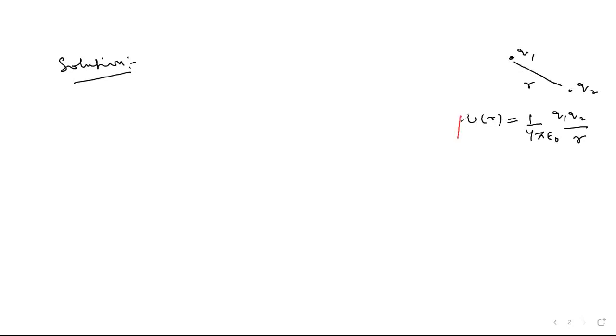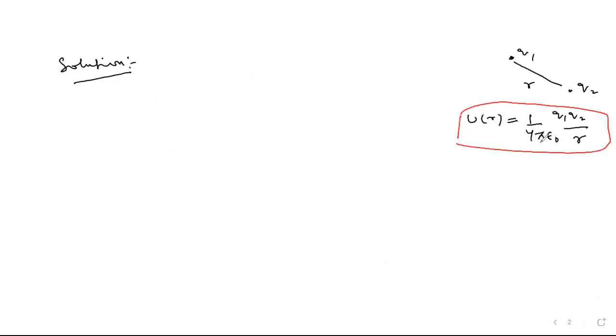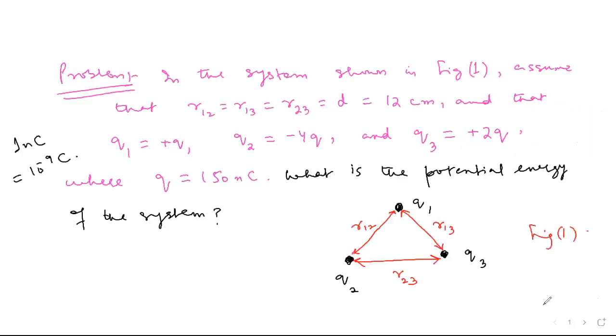Now, in this problem, we have three charges. So, we have to use the same expression for each pair of charges. That means for Q1, Q2, then for Q1, Q3, then for Q2, Q3, then we have to add those three potential energies to get the potential energy of the system.